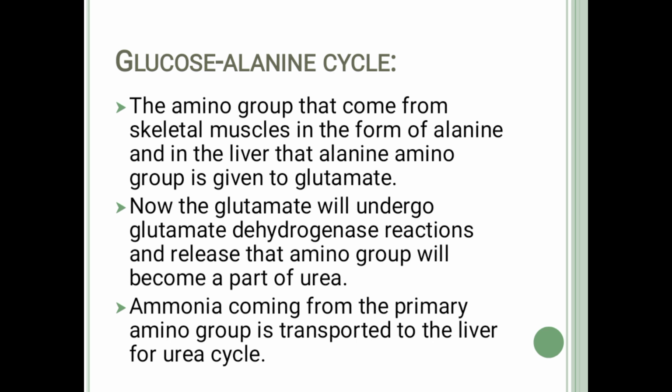This is how ammonia, basically the NH3 coming from the primary amino group, is transported to the liver for the urea cycle. That's how ammonia is neutralized in the liver by making it urea, which is a less toxic molecule. Otherwise it's ammonia and ammonium ion that is toxic to the central nervous system.